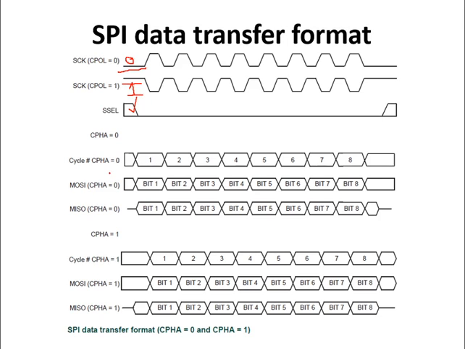Then we will consider CPHA, the clock phase. Here clock phase is equal to 0 and here clock phase is equal to 1. What happens when it is 0? You can see that the data is shifted, the data is modified, exactly at this point, when the clock is 0, it will start.